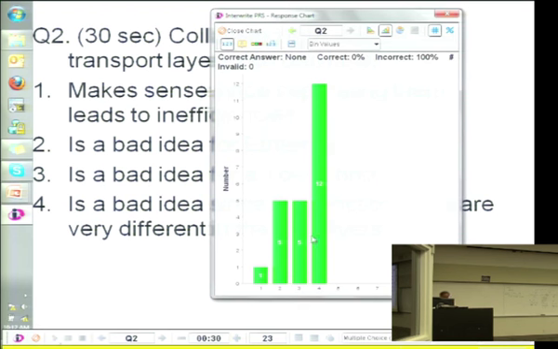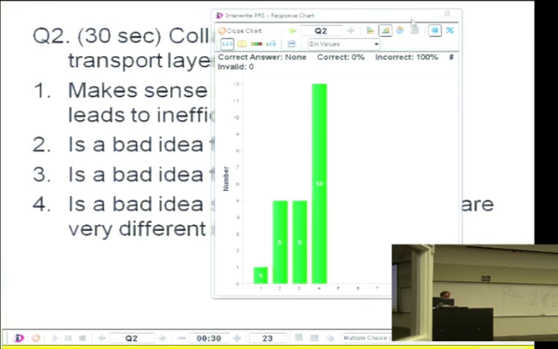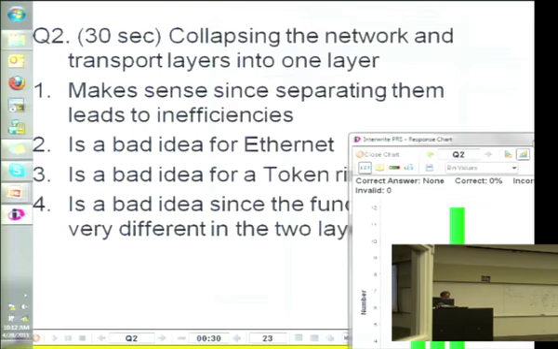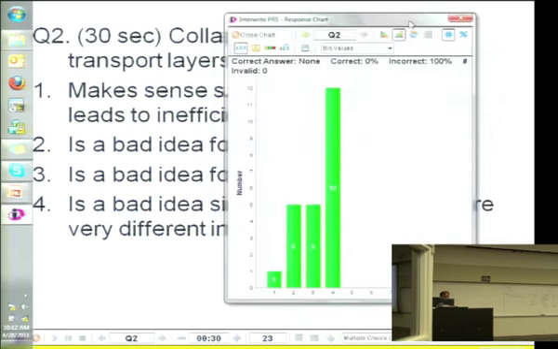Okay, once again, a few of you said it's a bad idea, but for the wrong reason. It's really the fact that they're different functionalities, so number 4 is the right answer.